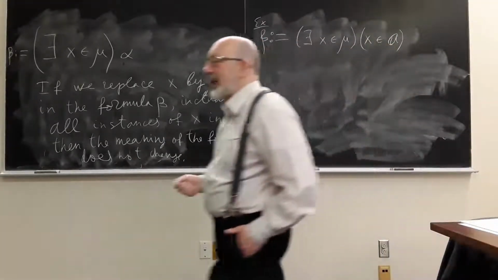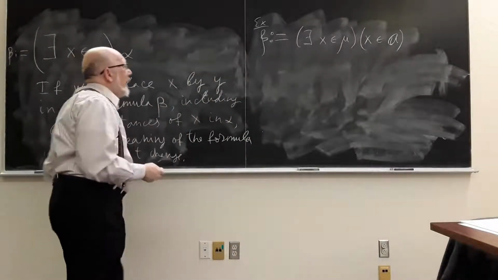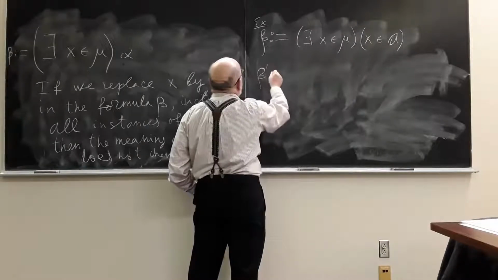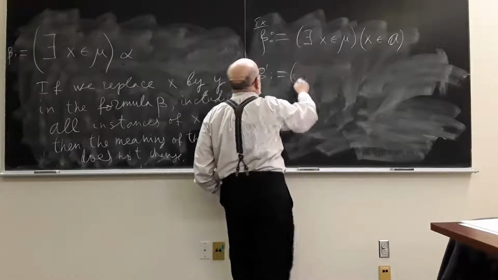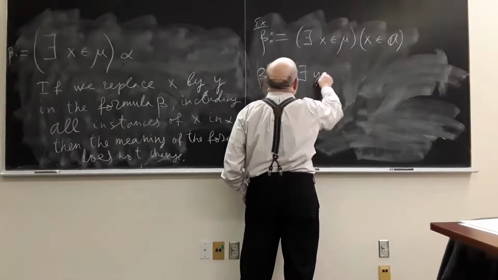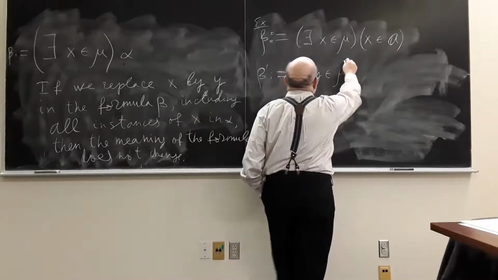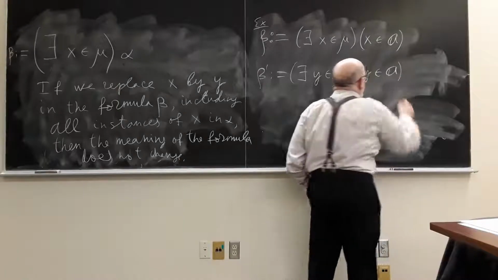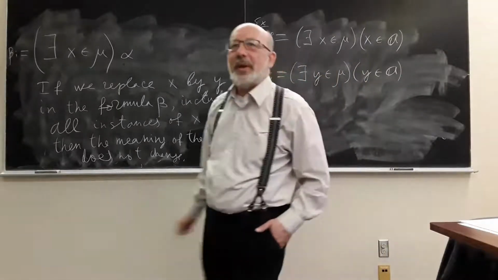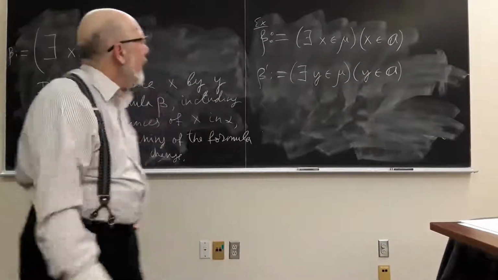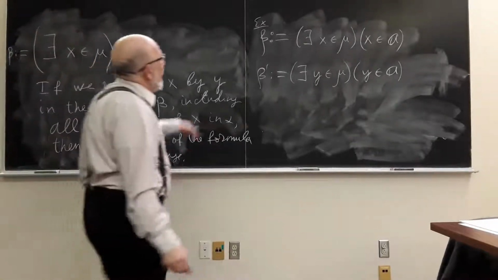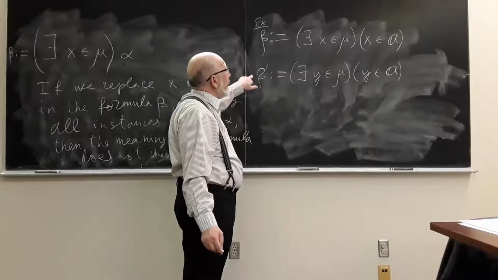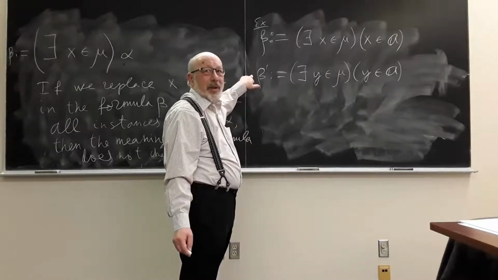Now, if you replace x by y, you have beta prime: there exists y in mu such that y is in a. A is an object, an element of our S. Now, clearly, these two formulas have the same meaning.